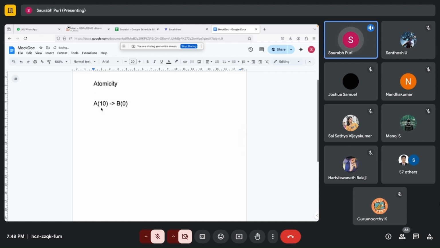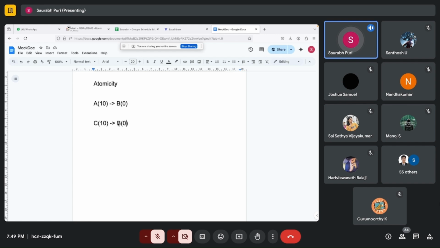But if I'm sending 10 rupees to B, and C is also sending 10 rupees to B, right?